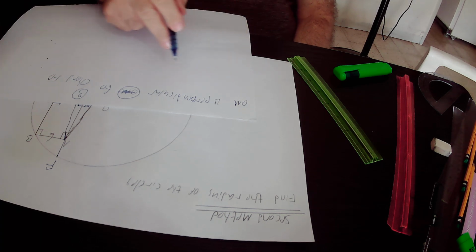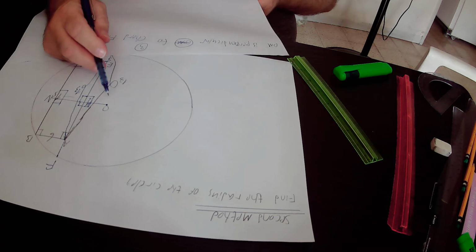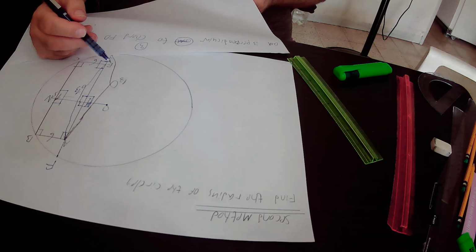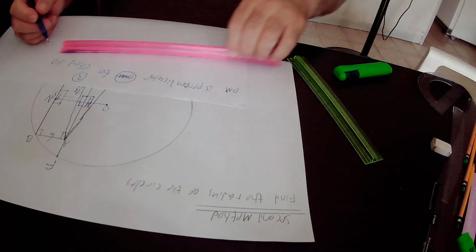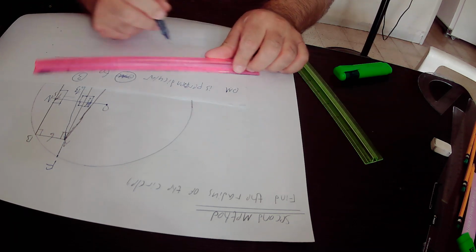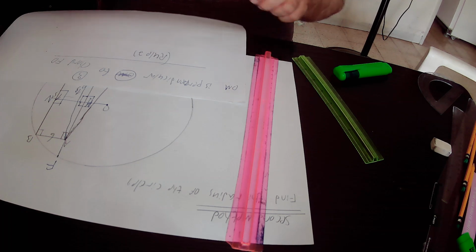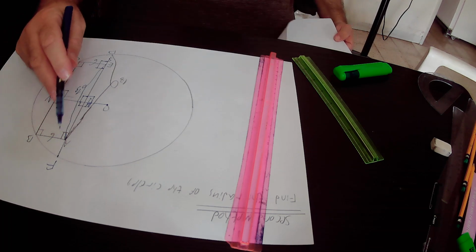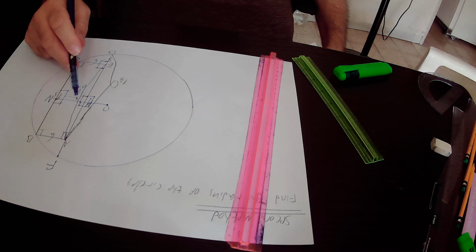Therefore, according to rule number 2, the perpendicular OM bisects chord FD. That is to say, FM equals MD.